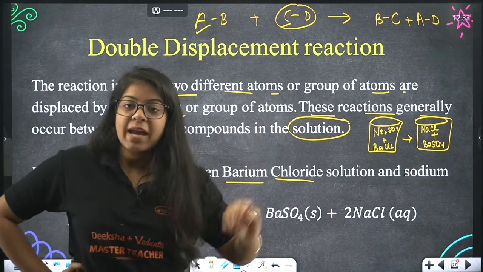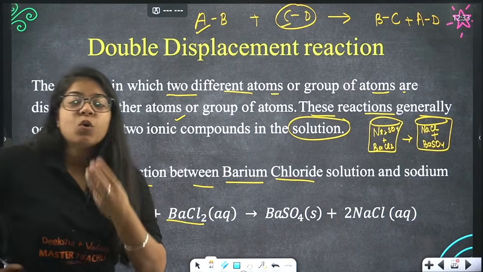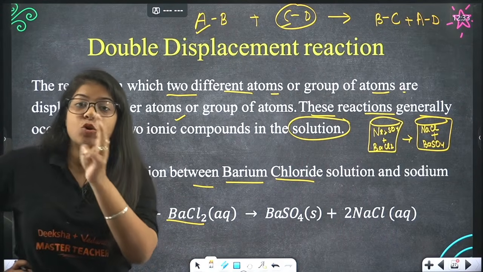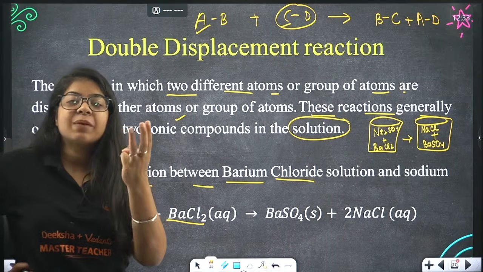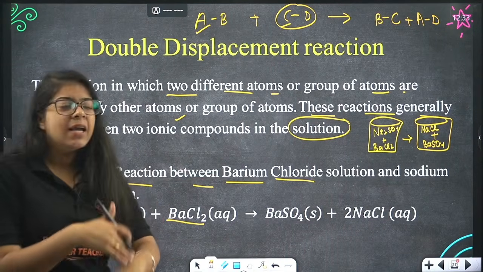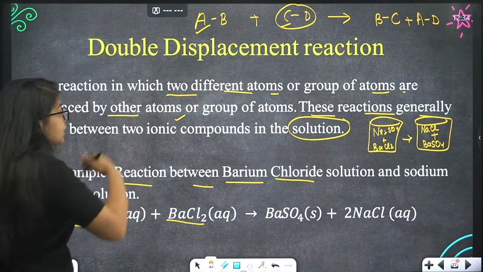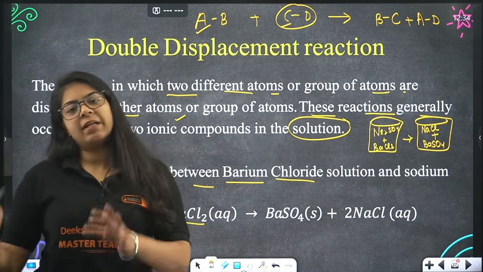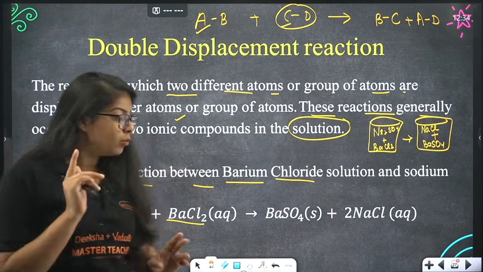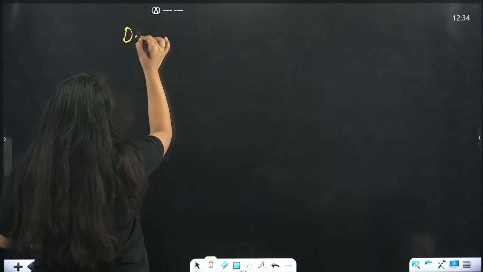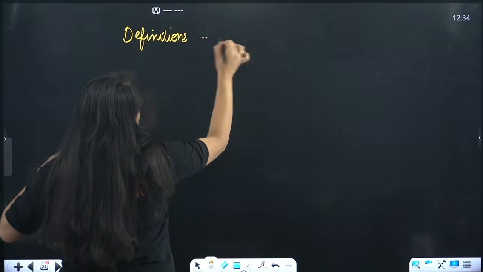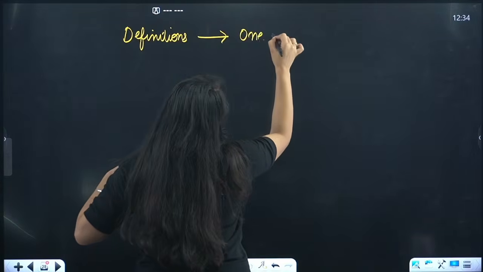That is displacement reaction. Or when two different atoms or groups of atoms displace each other, these are called double displacement reactions. Now you have to remember their definitions, and at least one example of each.